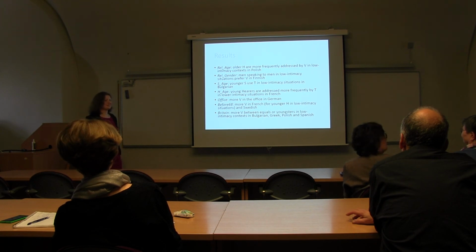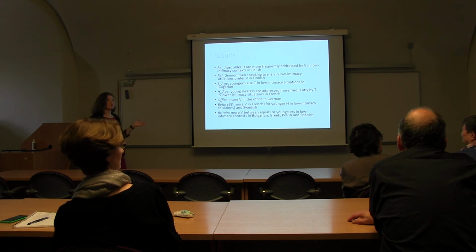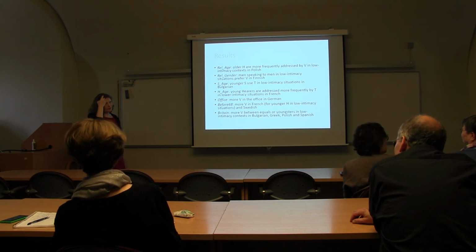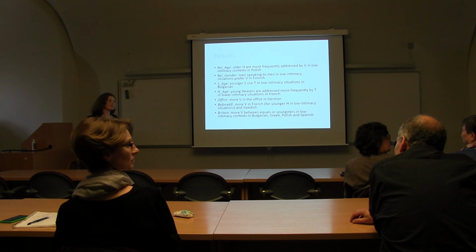Maybe it's just covered by the circle. Maybe you use T forms in the family. Do you have situations in, say, Russian where you can address people who are, let's say, 10 with the V form? No, I can't think of any. I would guess that's so in most languages. That's why I'm surprised it's not a significant factor.